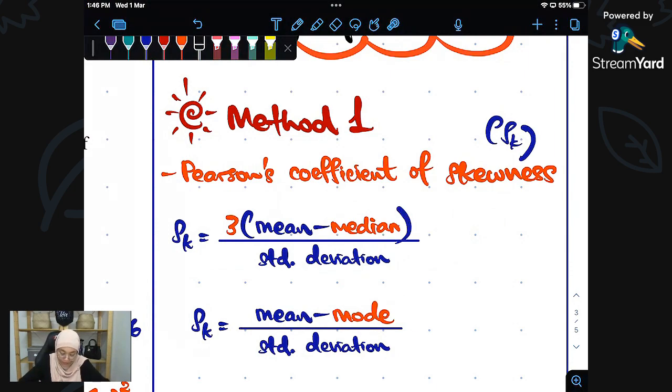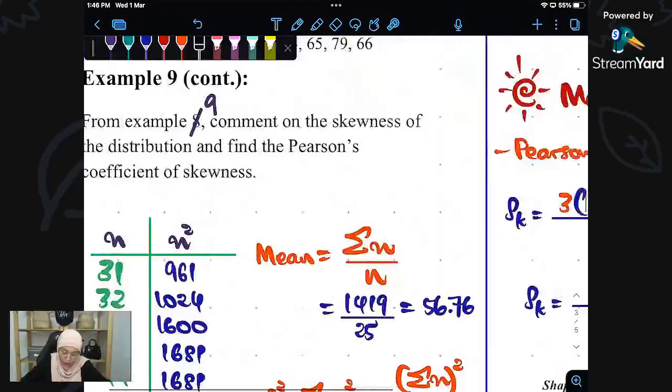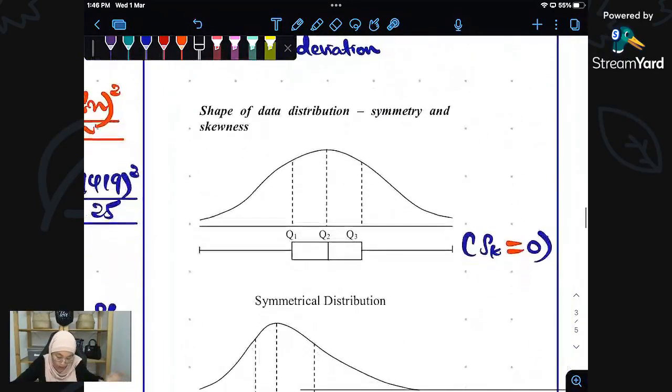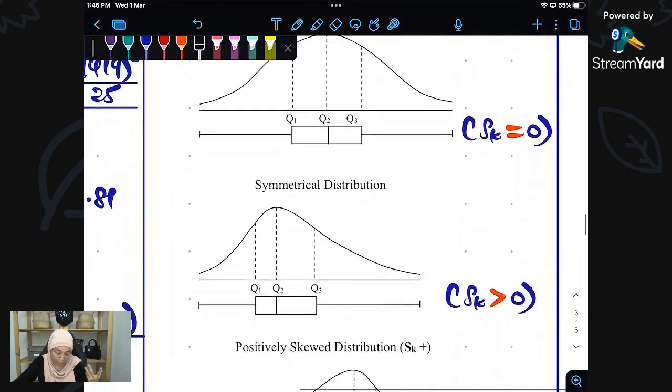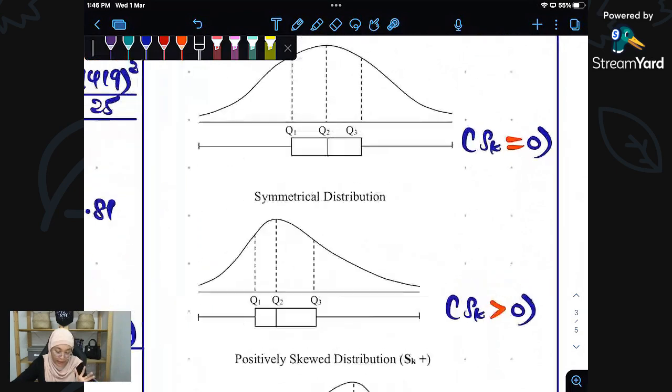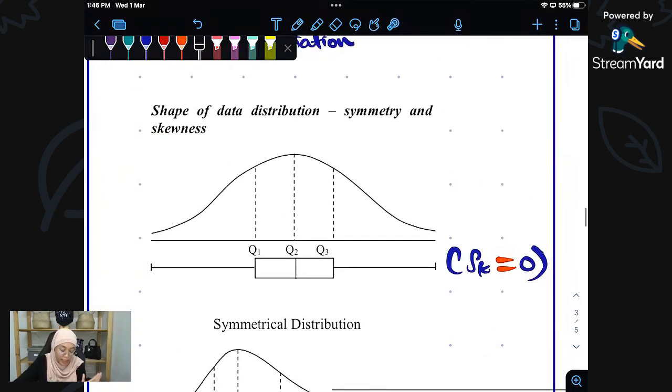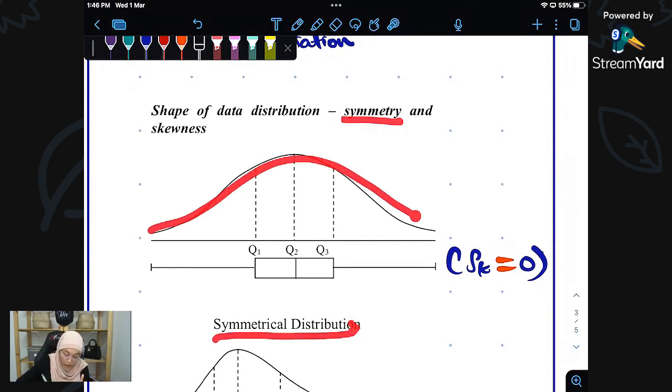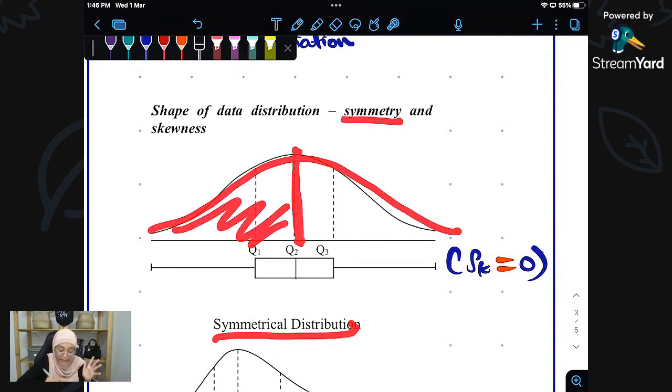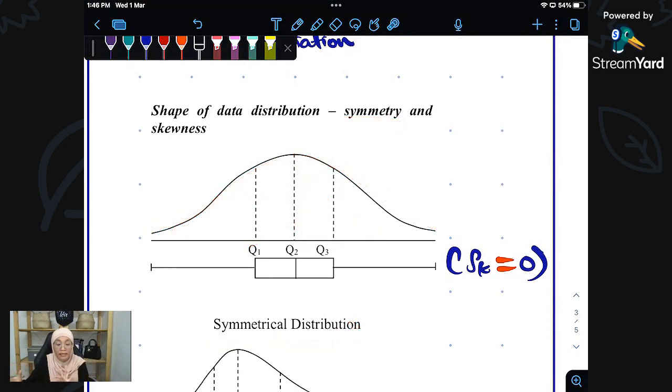Alright, so now we are going to learn some names of the distribution as well. The name of the distribution dekat sini adalah symmetry ataupun symmetrical distribution. Kenapa dipanggil symmetry? Sebab probability di belah kanan sama saja dengan probability di belah kiri, so they have the same area lah, senang cerita, the same area kiri dan kanan.